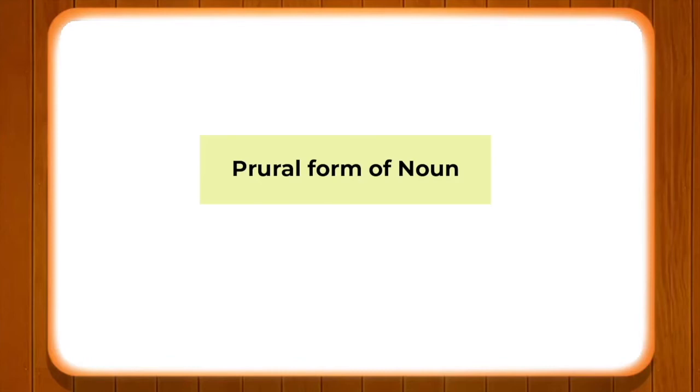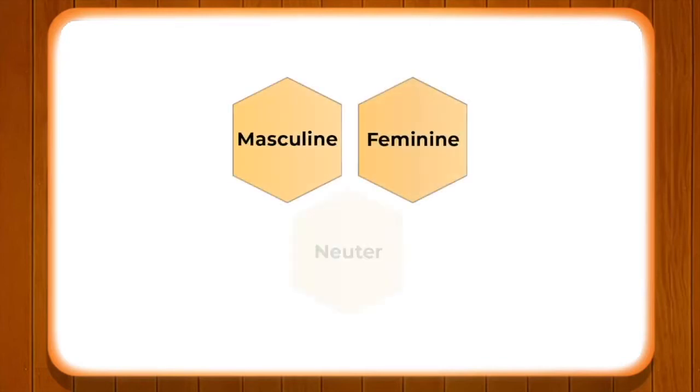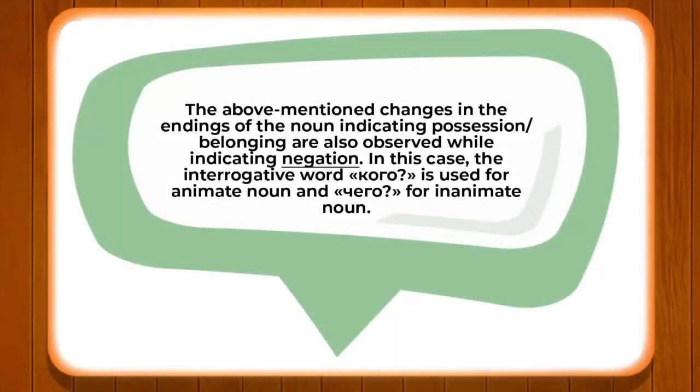We have also discussed the plural form of nouns in certain genders such as masculine, feminine or neuter. Now, in this module, we will take up certain aspects of the plural form of nouns in possession, belonging and negation with the help of questions like кого.